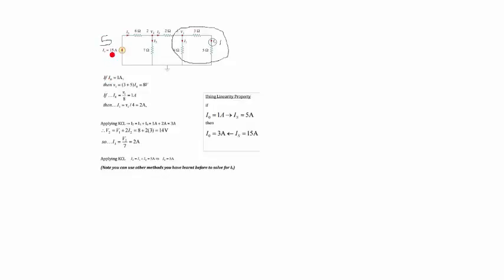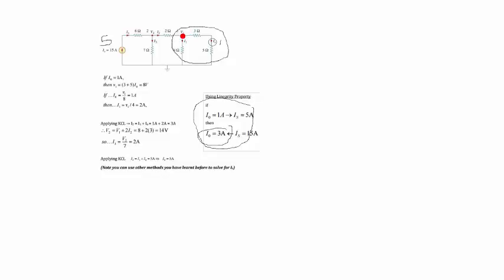But the question says 15 amps, so we can use the linearity property. Linearity says if I0 is 1, our Is is 5 amps. What will be our I0 when Is is 15? You cross multiply: 15 divided by 5 is 3 amps. So our value for I0 is 3 amps. This is an application question.